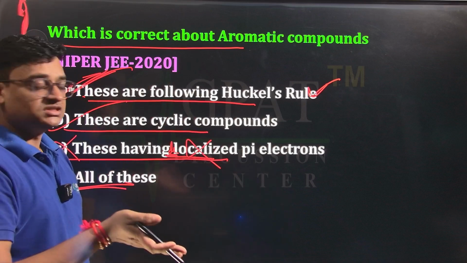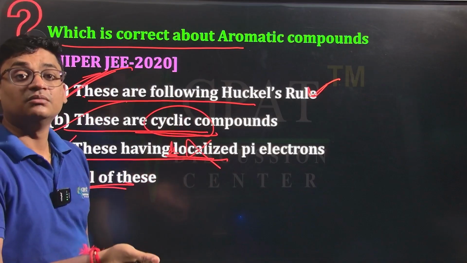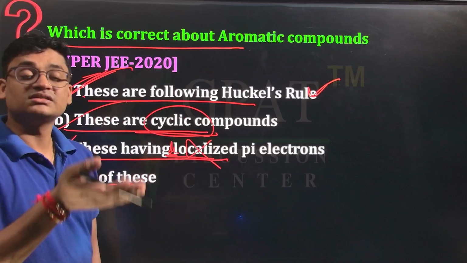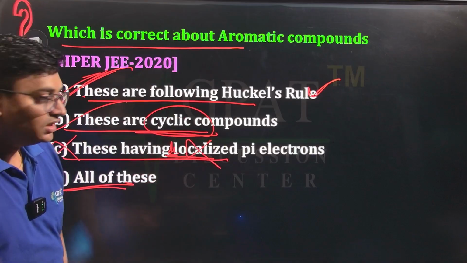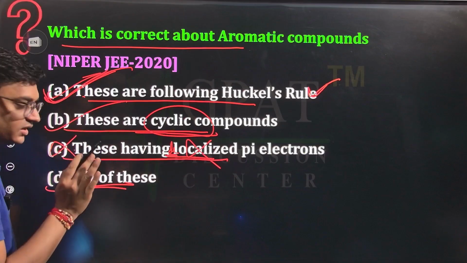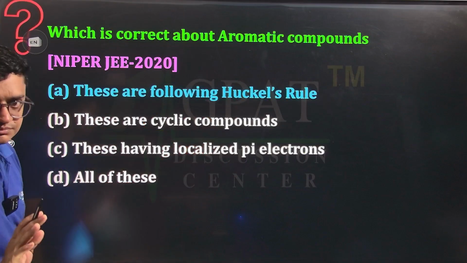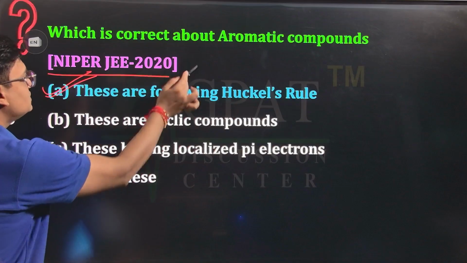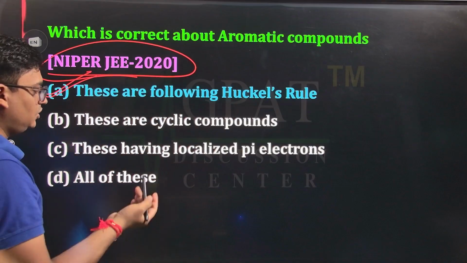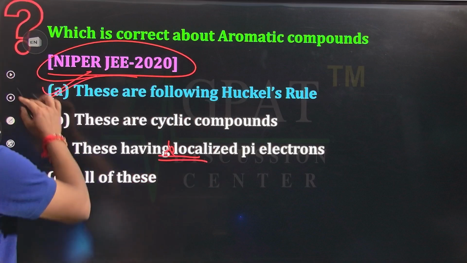But it is not 100% true that all cyclic compounds are aromatic. No, there are some cyclic compounds that are non-aromatic, and some that are actually anti-aromatic. So this is not 100% correct. Since it is already wrong, this won't be the correct one. Only A can be the right answer here. So this is the tricky question asked by NIPER. You have to be very careful while solving these kinds of questions.